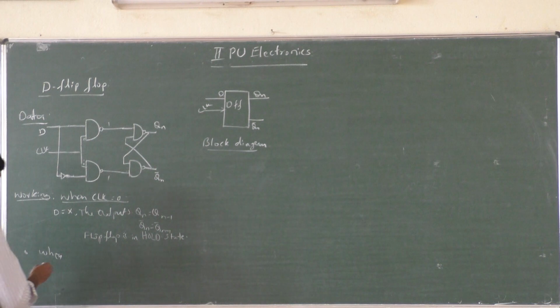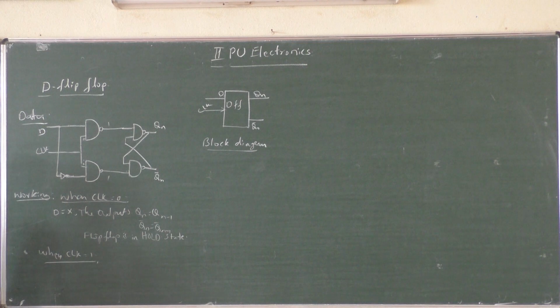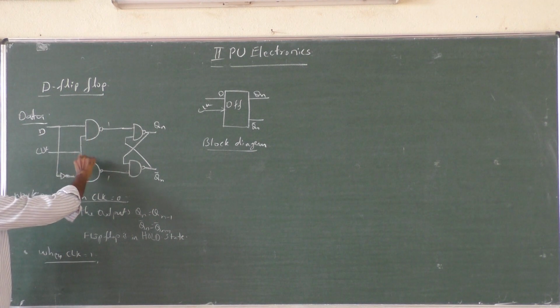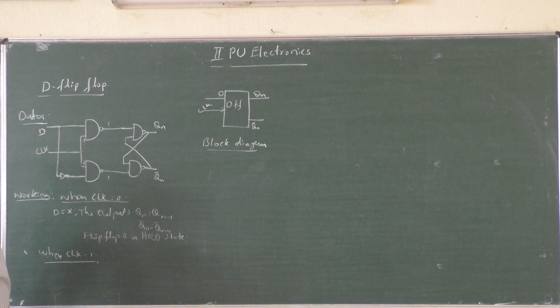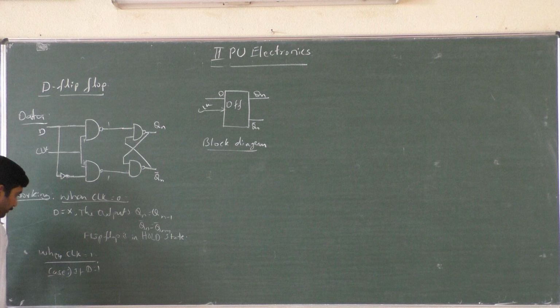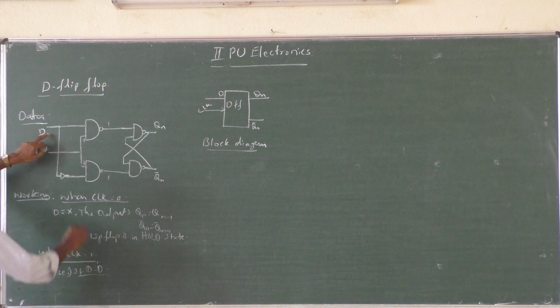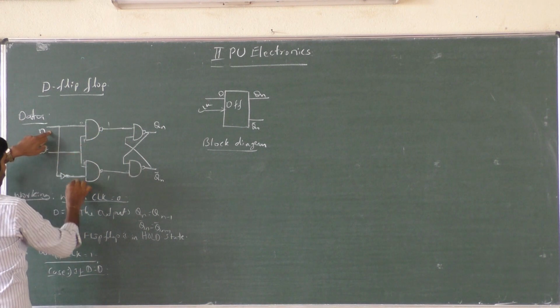Now when the clock equal to 1, we cannot predict the output unless we have the other inputs. So to get the other input, we should apply D. When clock equal to 1, apply case 1: if D equal to 0, this 0 is directly applied here, and a complementary state is applied here.